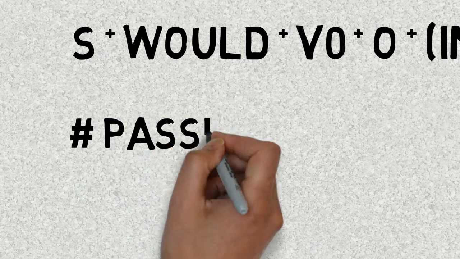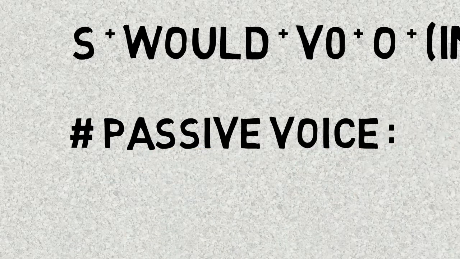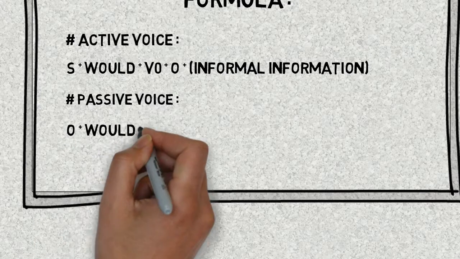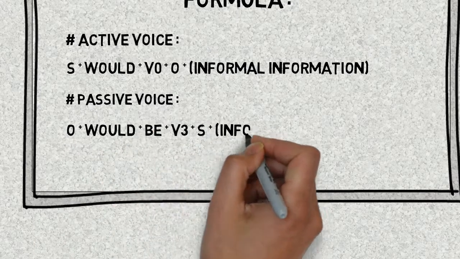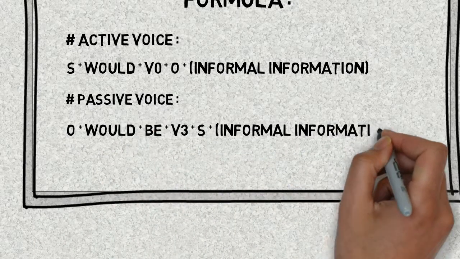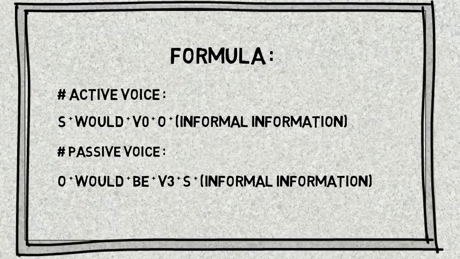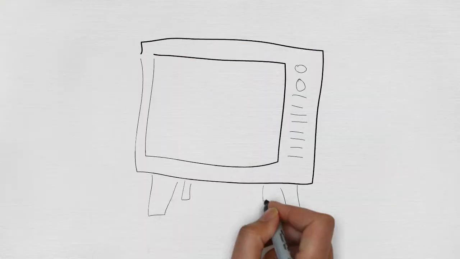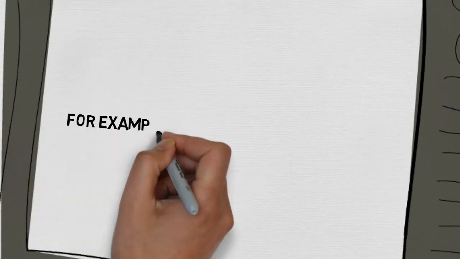And the formula for the passive voice is object plus would plus be plus verb 3 plus subject plus informal information. For the example we can see from this video.